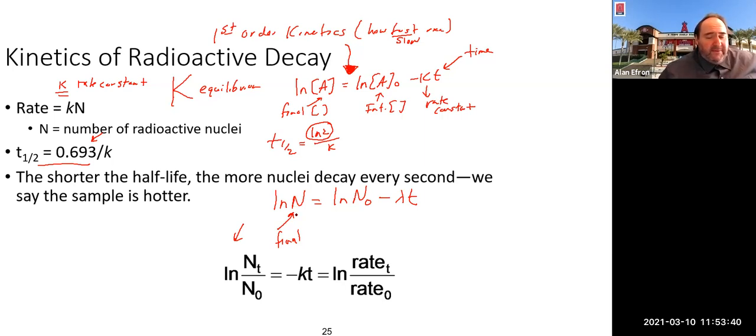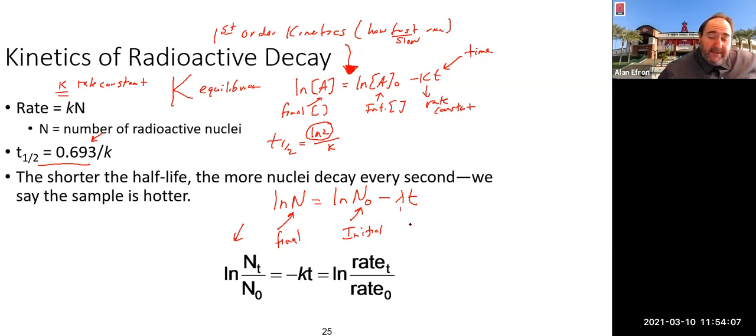So a lot of times we deal with things like grams, milligrams. It doesn't actually have to be a concentration like molarity when we use this equation. It could be things like radioactive counts. This is, again, our initial, whether grams, milligrams, or, very rarely in nuclear chemistry, some type of radioactive count.